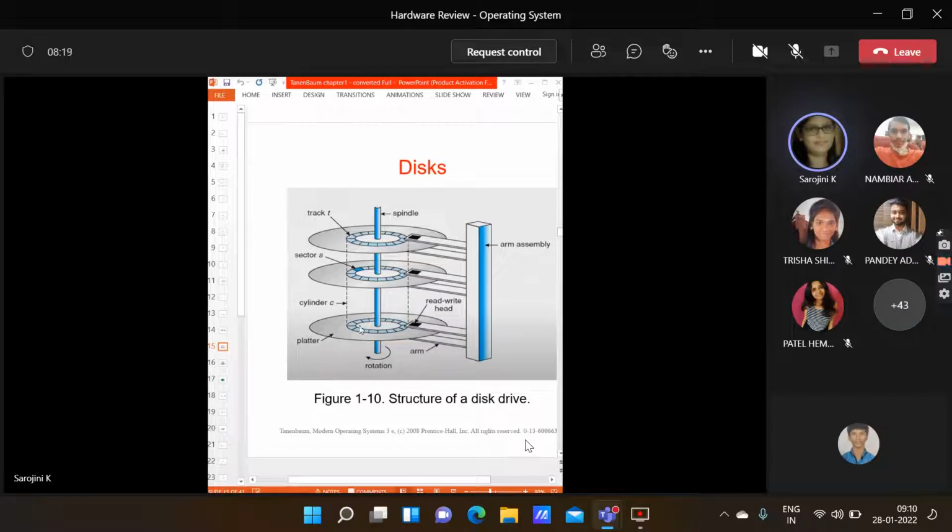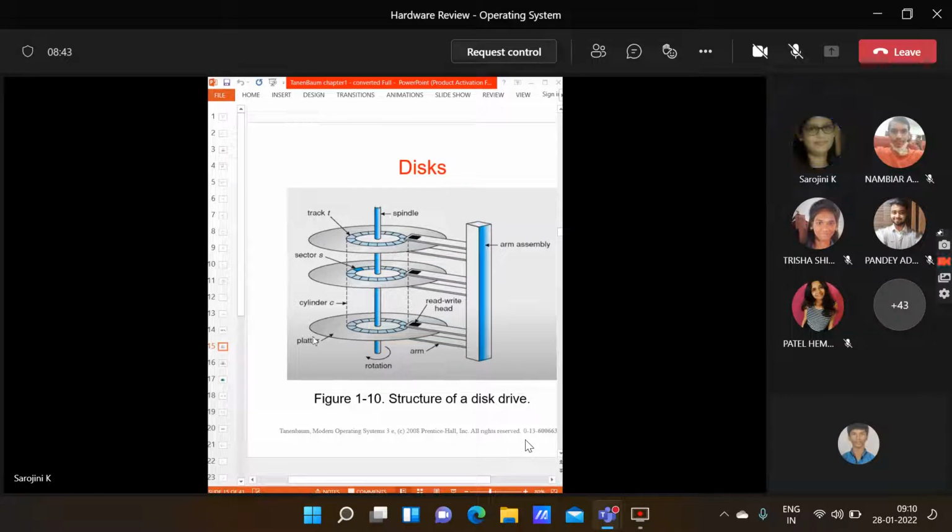So what's the first point we discussed? The HDD, which is the hard disk drive, consists of a number of metal platters. These metal platters rotate at the speed of 5,400 RPM or 7,200 RPM or 10,800 RPM.